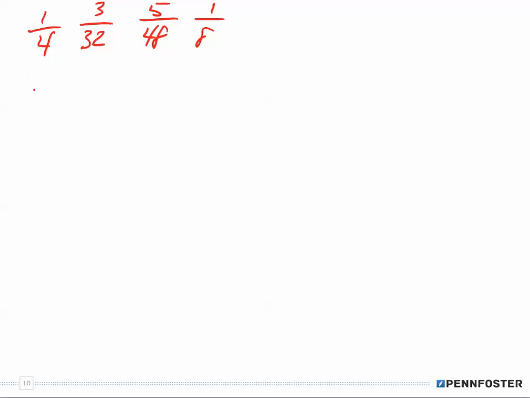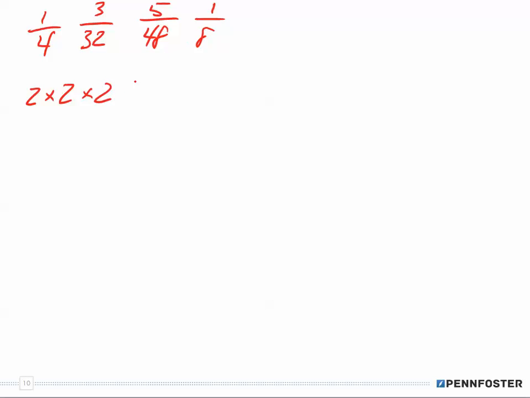Okay, so I know 2 can go into 4 2 times. I know 4 can go into 32 8 times, so I need 2 times 2 is 4 times 2 is 8 to give me 32. I know 2 times 2 times 2 is 8, so that works out good.